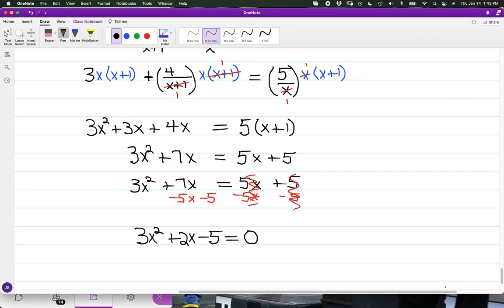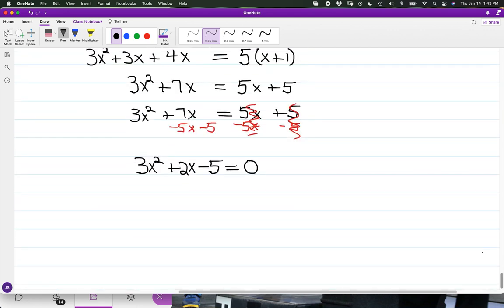Now I'm going to sort of bypass the factoring by grouping, but just in terms of factoring, 3x squared is going to go to 3x and x.